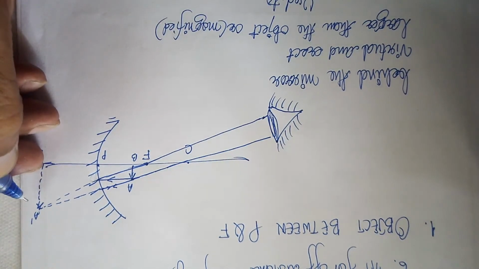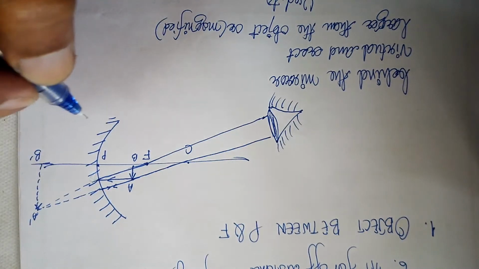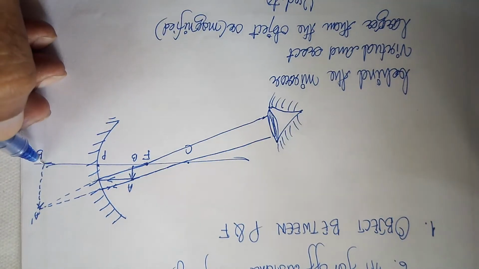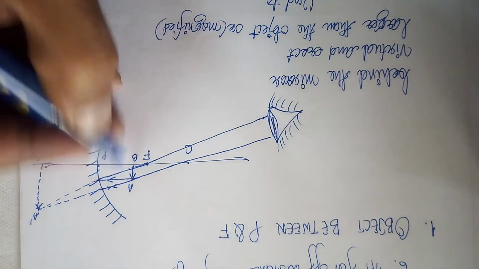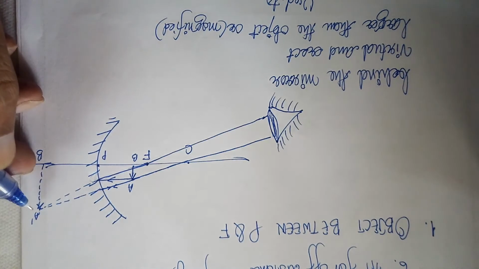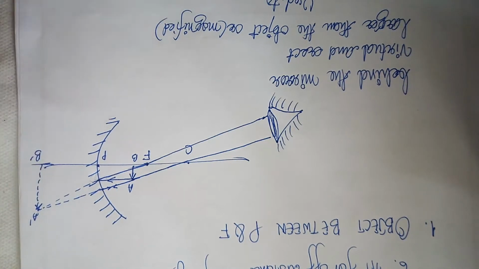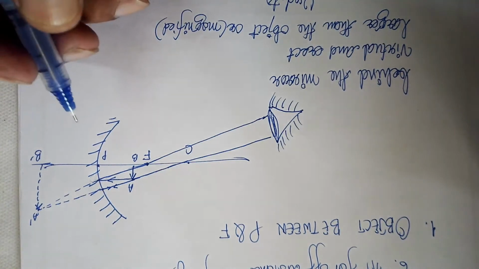I denote it as A dash, and here it will be B dash when we extend all these points of this object, and we will get A dash B dash. That will be the image formed.